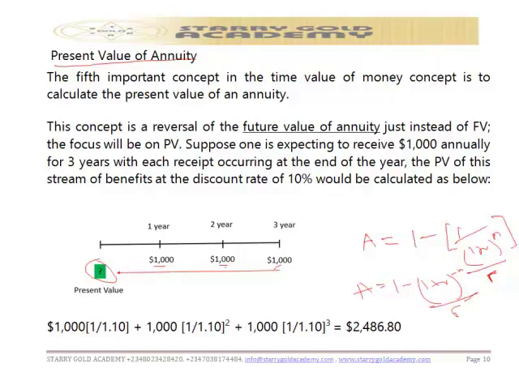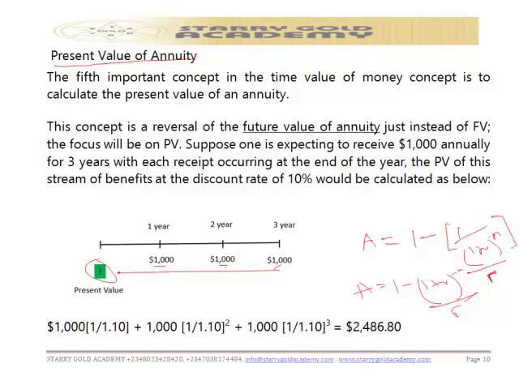I think it is neater like this. Instead of 1 all over this, in the law of indices, you can write it with a minus power, so that's why I put it in order to make it neater. You can see, instead of minus 1 here, for present value, 1 comes first.